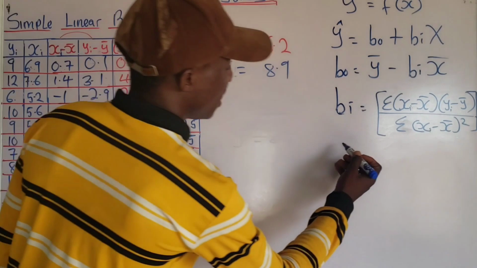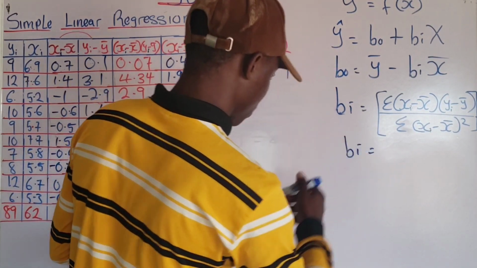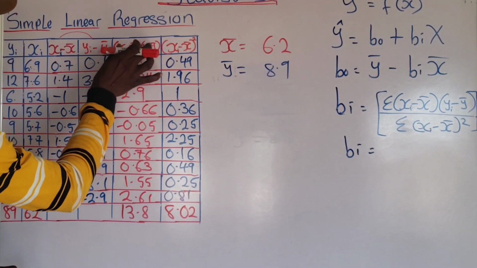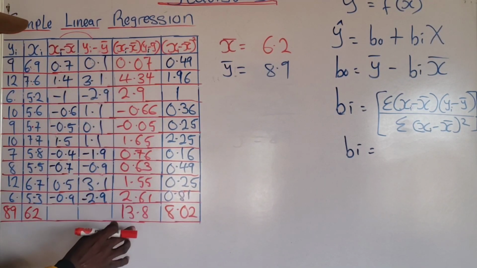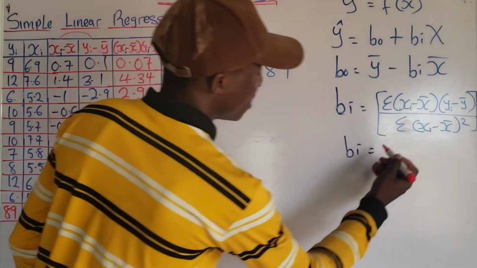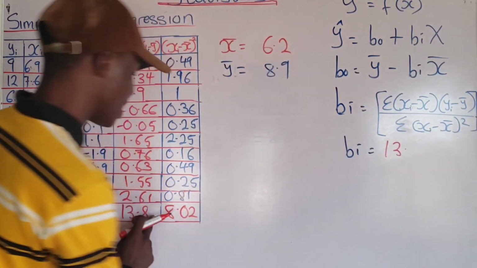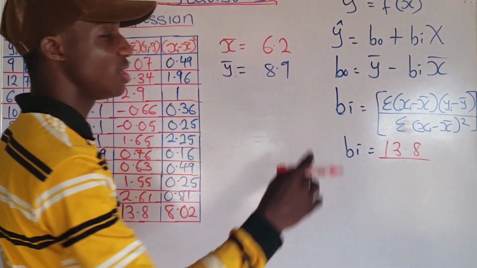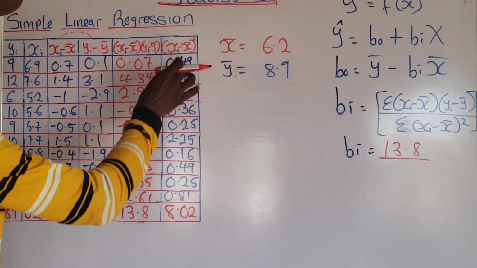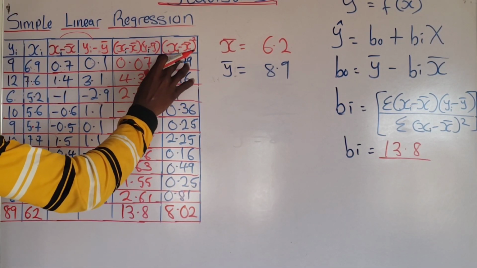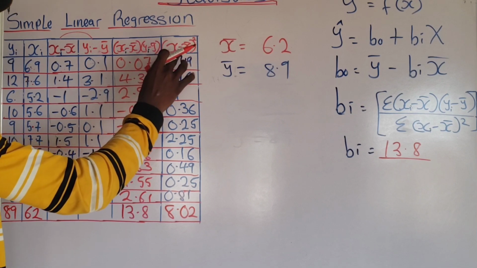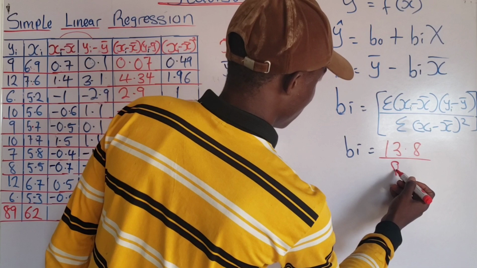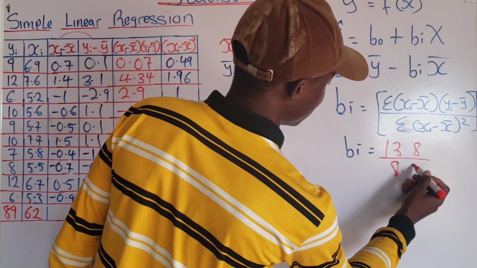So right now we can determine the gradient, because we've gotten all we need in the formula. The gradient is equal to the summation of the product of this and this. That summation is 13.8, all over the summation of the squared differences between the values of x and the mean value of x, which is 8.02.